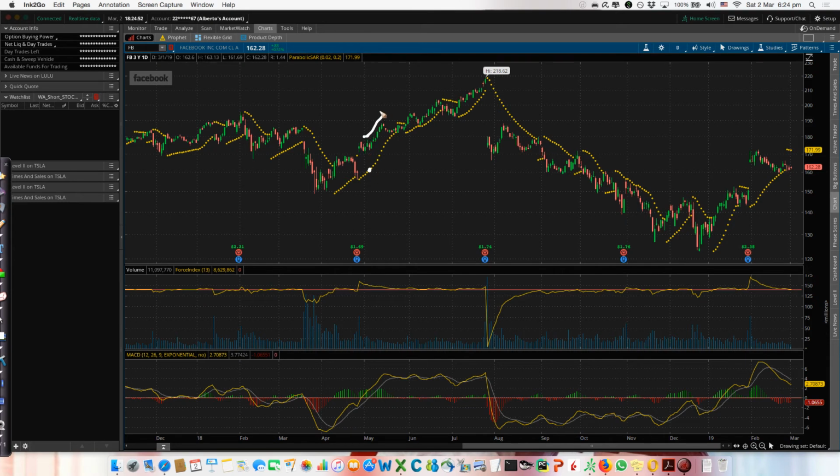And as the price goes up, you can raise your stop loss according to the Parabolic Stop and Reversal. So when you are here, for example, your stop loss will be here, where you have the point. And then you keep raising your stop loss according to the Parabolic Stop and Reversal.